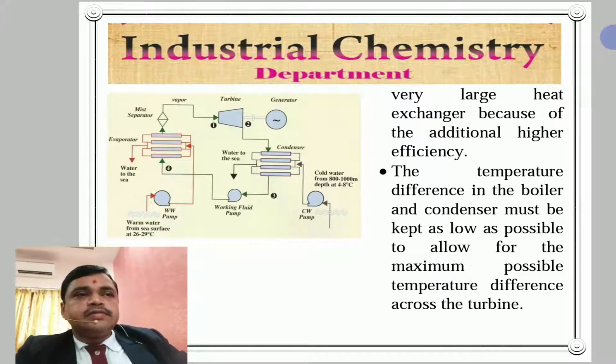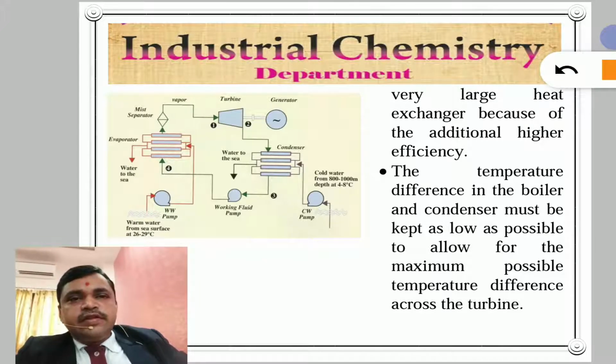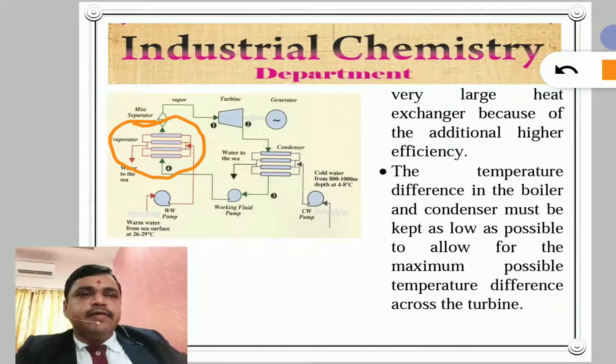In the figure, this is the large size evaporator or heat exchanger. So the heat exchanger gives additional higher efficiency. The temperature difference in the boiler and condenser must be kept as low as possible.